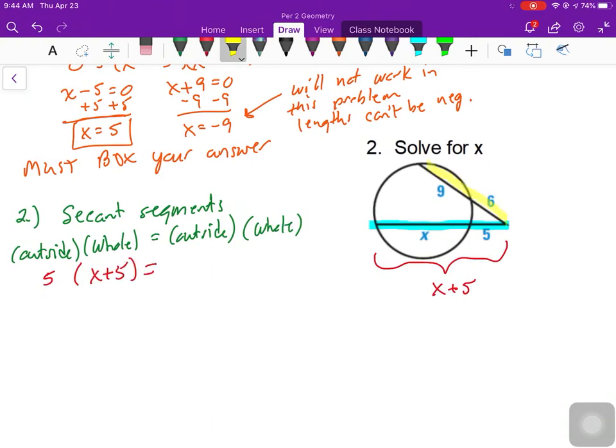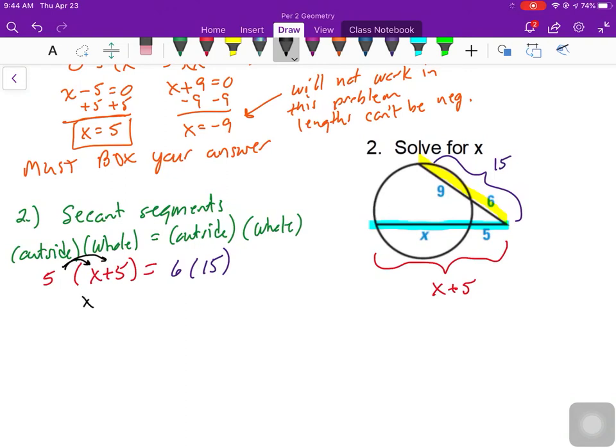On the top one, right there, the whole length will be 15. 9 plus 6 is 15. So we'll take 6 times 15. And we must work it out.